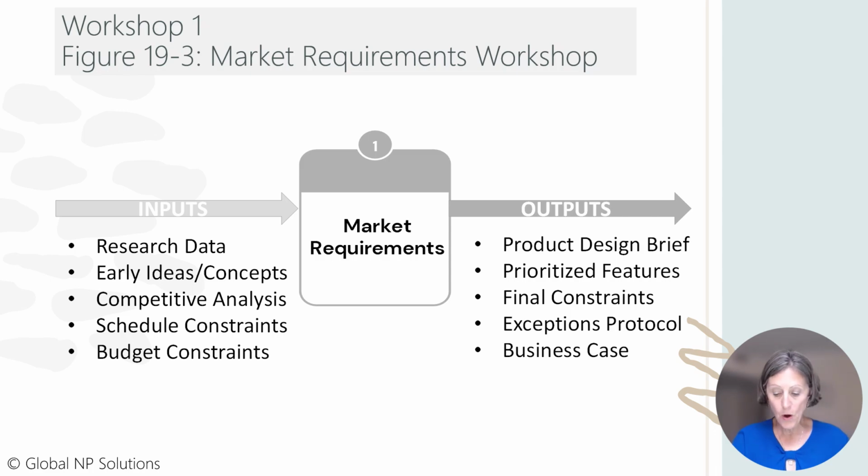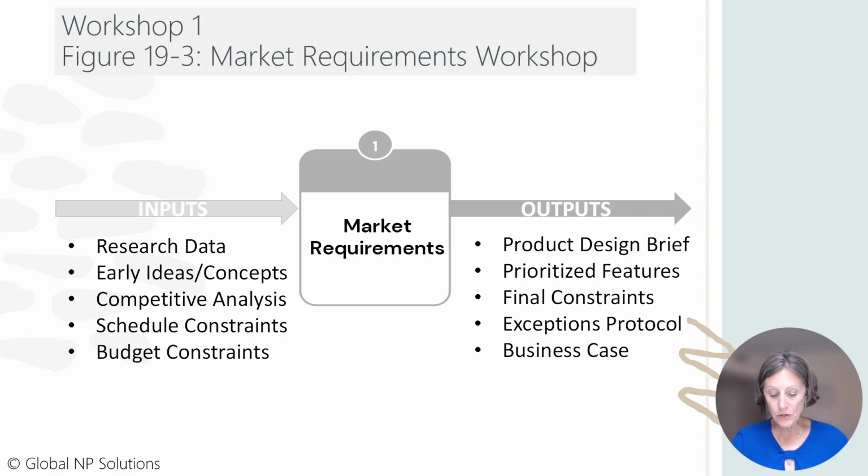In the Market Requirements Workshop, market needs are translated to high-level design requirements, while the fundamental components of a successful business case are identified. Notice that some data and information are prepared and summarized in advance of the workshop. Each participant will bring data from their specialized function to share.